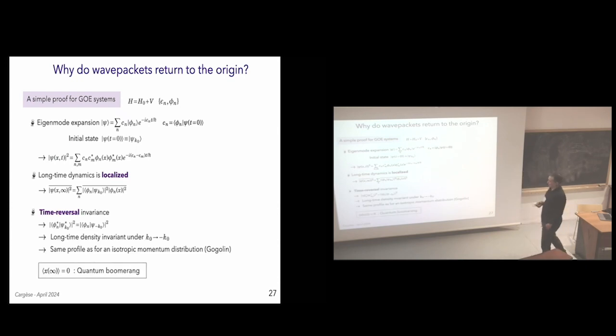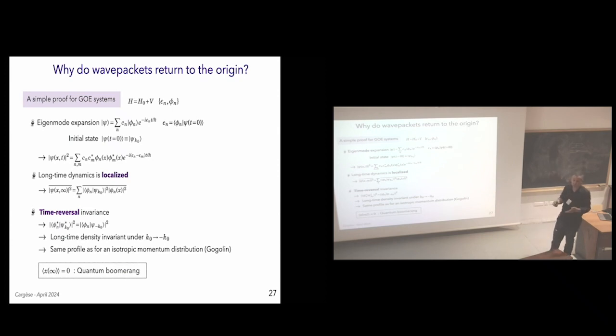Then, if you use that your system is time reversal invariant, it's easy to show by virtue of this relation that in this expansion, the coefficients are actually independent of the sign of k naught. In other words, whether you push your wave packet to the left or to the right, the long-time spatial distribution is the same.